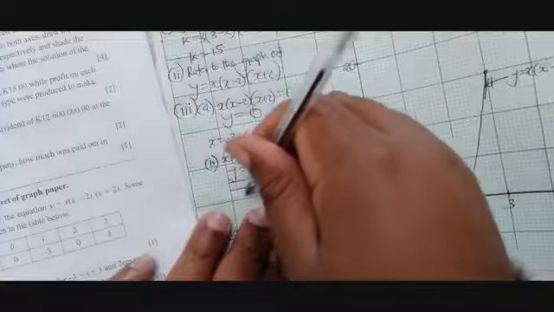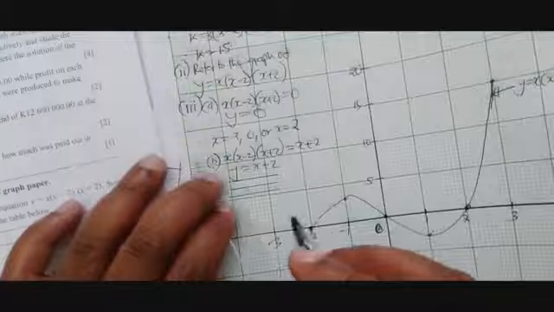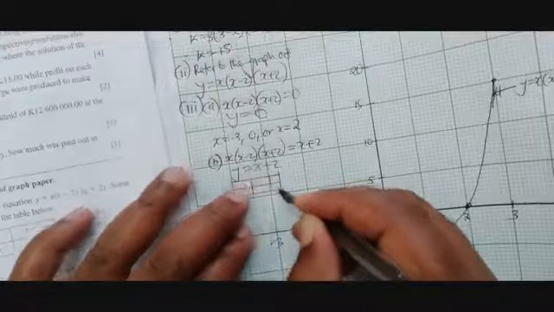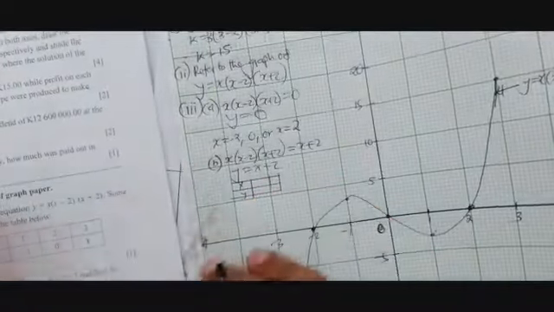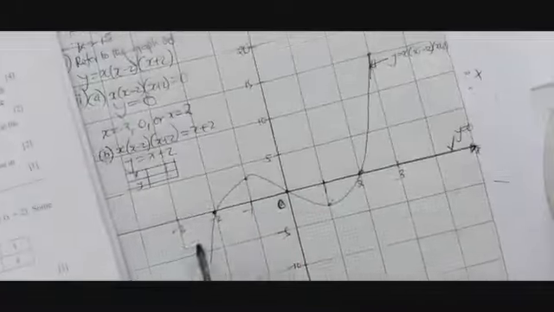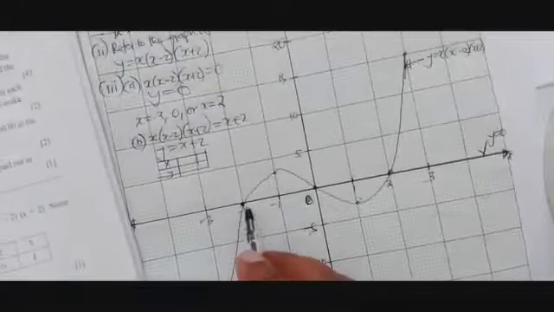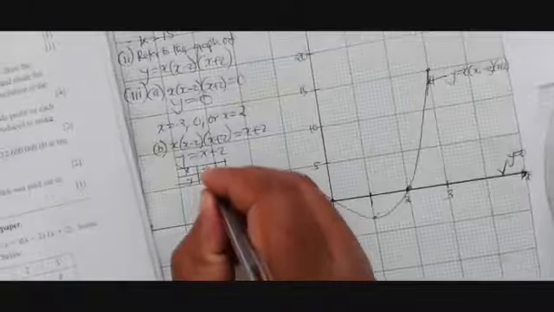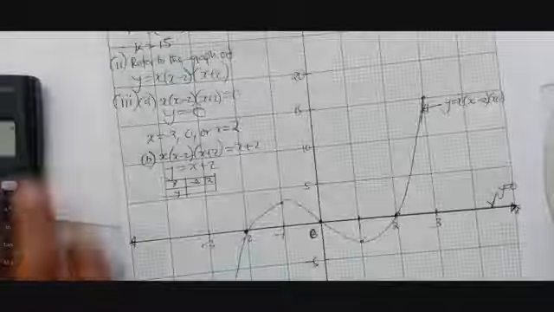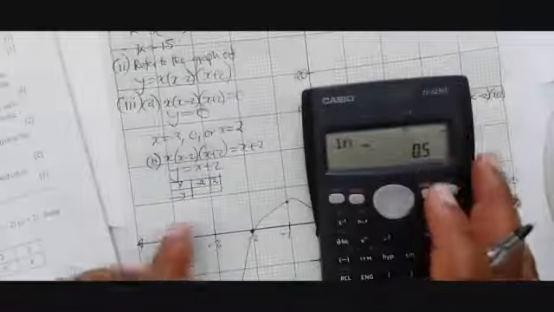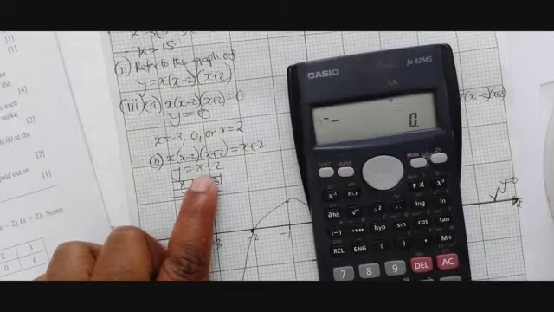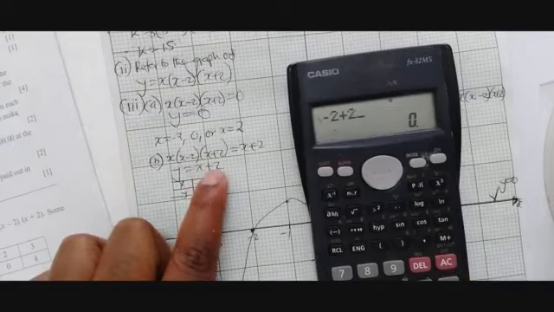So you can say x, y. You can pick any values of x. Maybe you say x is negative 2. If I put negative 2 here and maybe positive 2, what will be y? How do you get that? You use this. Where there's x, you put negative 2, plus 2, that is 0.